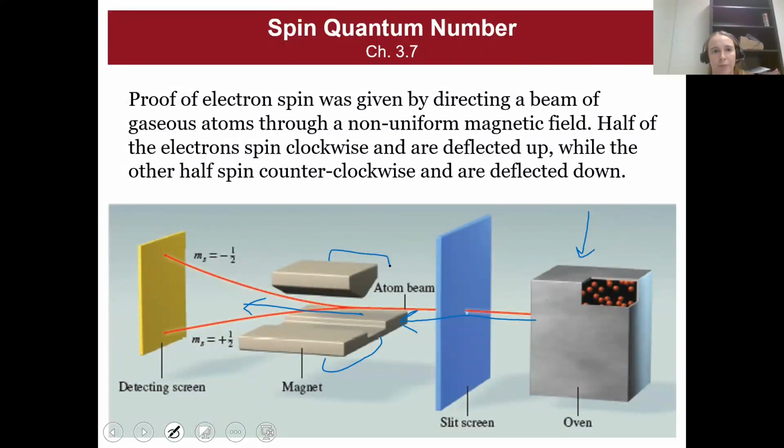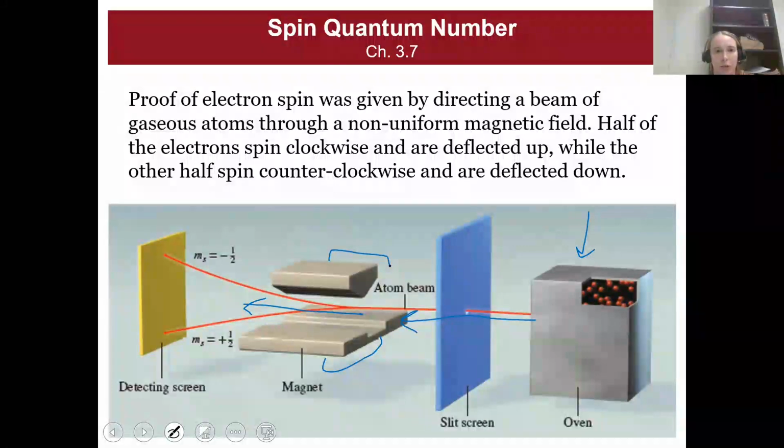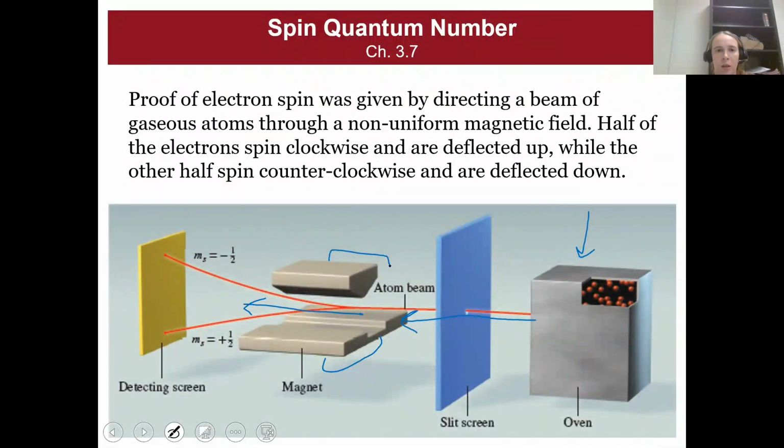When you do that, that means that all of the electrons that are spinning clockwise, which is half of the electrons in the beam, are deflected up, and the other half that is spinning counterclockwise, those are deflected down.